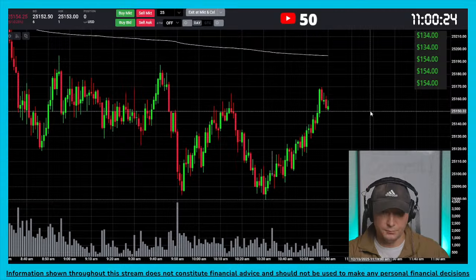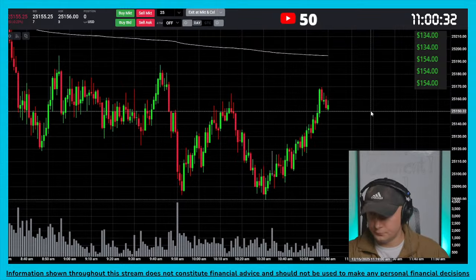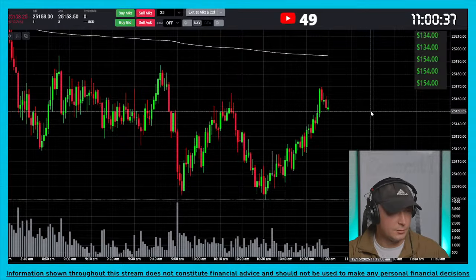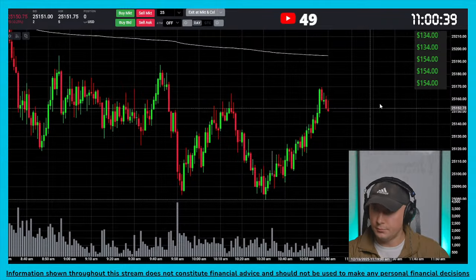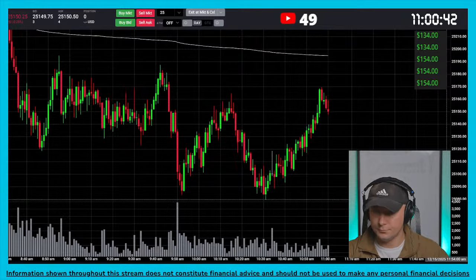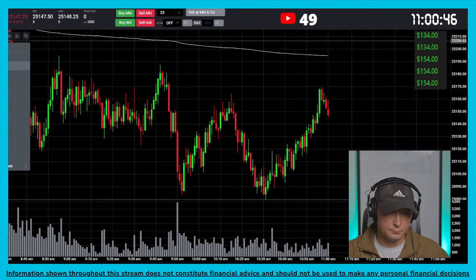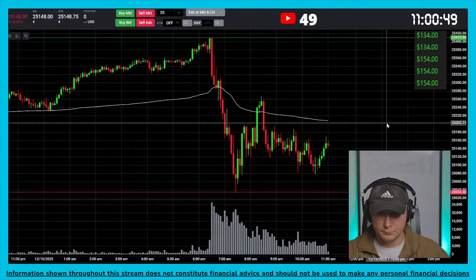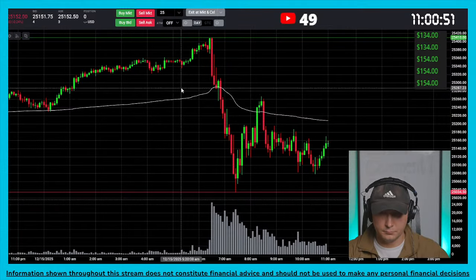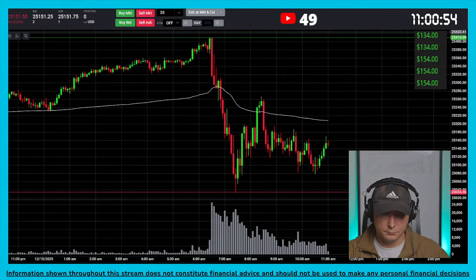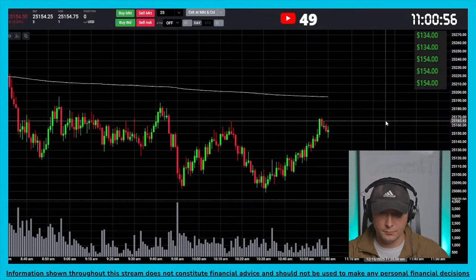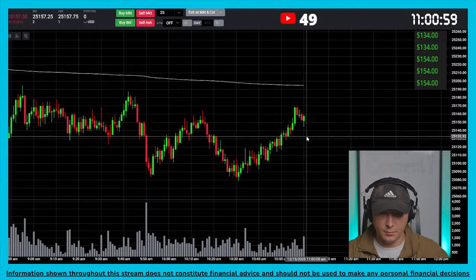$150 could hold though. The moment it feels like a breakout or it's going up, that's when you short it with conviction. I don't know about that. Do I wait for more confirmation?